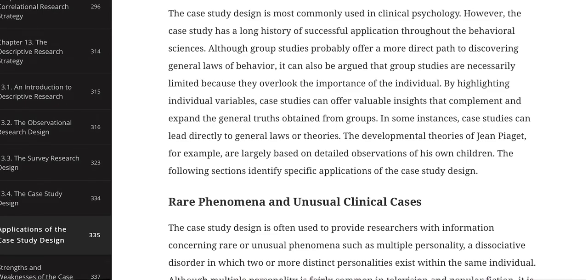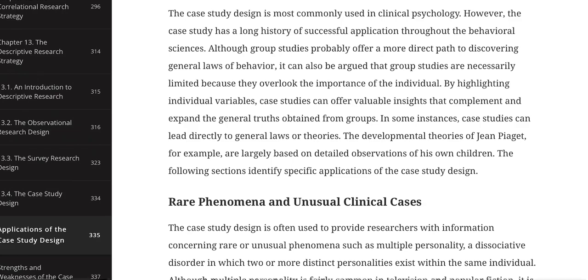Although, again, the group studies can help you discover general laws of behavior, usually more readily, group studies are again limited because they overlook the importance of individual differences and unique situations. By looking at these individual variables, we can actually get valuable information that can add to the knowledge that we already know from groups, or can actually lead to general laws and theories as well.